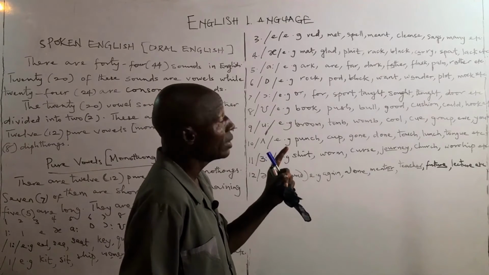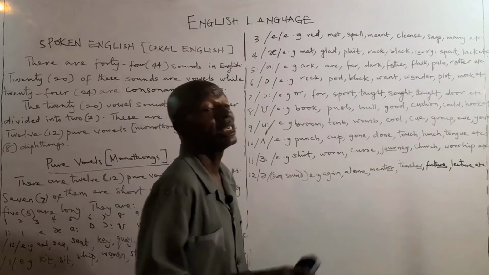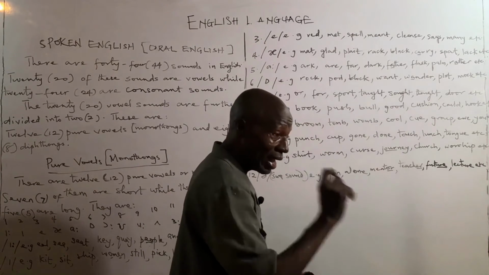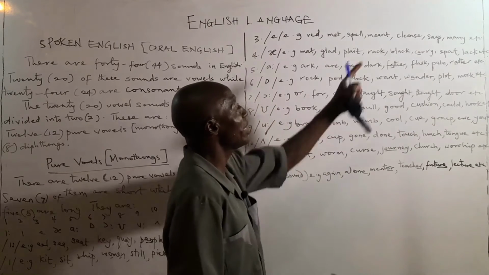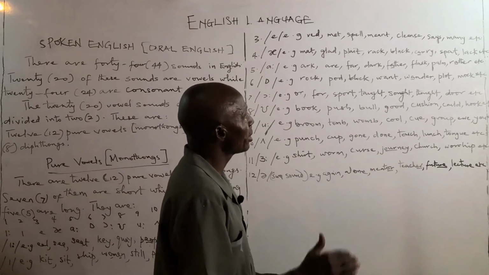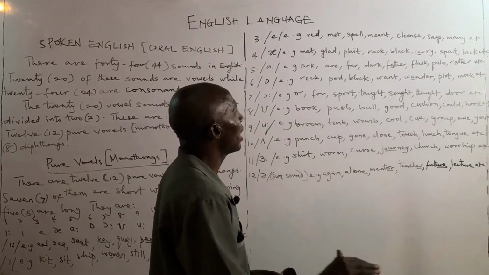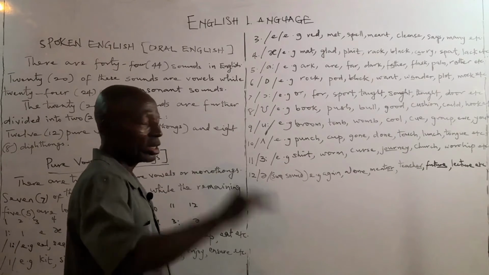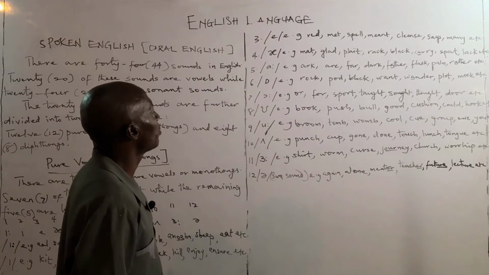Stop saying says. He says is not the correct pronunciation. He says. There are many other words like that. Says, cleanse, meant, spare, made, read, drag, and so on and so forth. So that's for number 3.